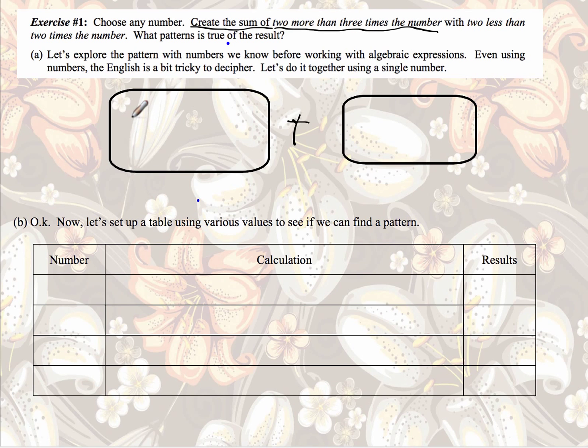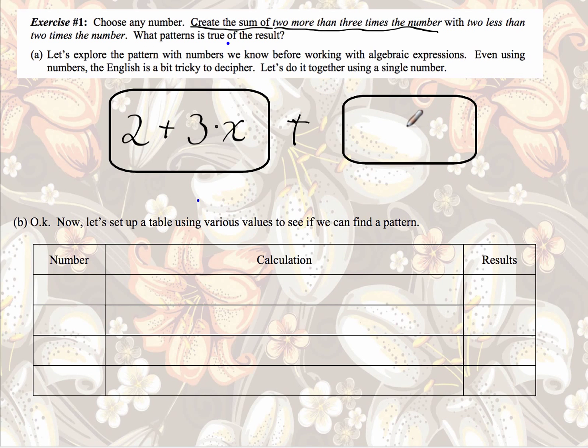Okay, 2 more than means to add, 3 times, and we don't know what the number is, so we're going to make it x. With, so that's the second number, create the sum with 2 less than 2 times the number.